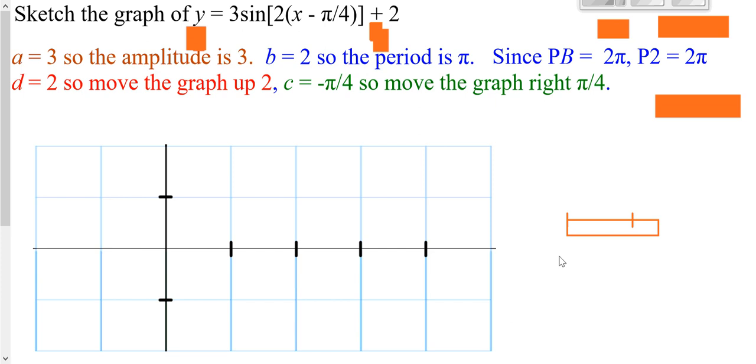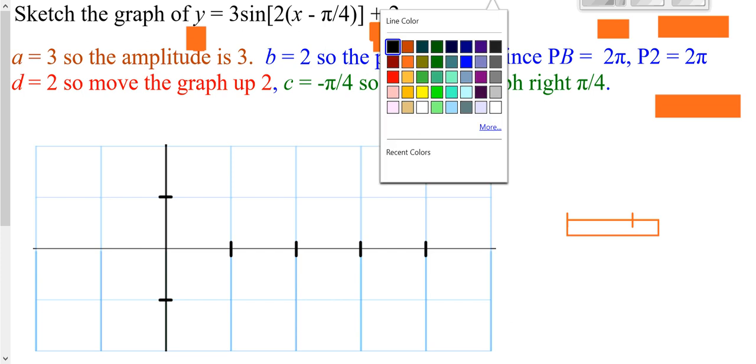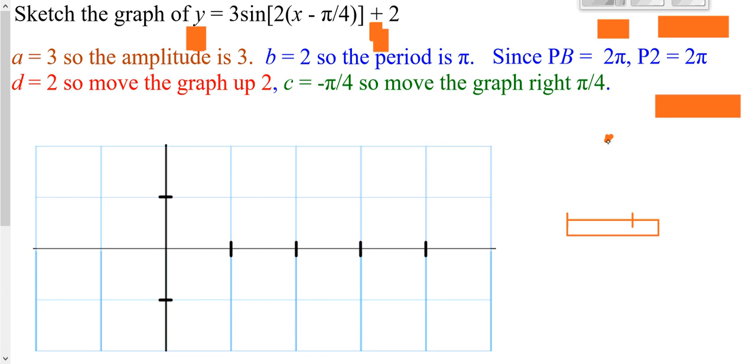So now, for graphing this, we're going to go ahead and graph our sine. Sine starts at the origin. Your 4th tick mark always has to be at the same height. Sine, halfway in between those 2, crosses again. In between the first 2, at this first tick mark, that's where we have the maximum.